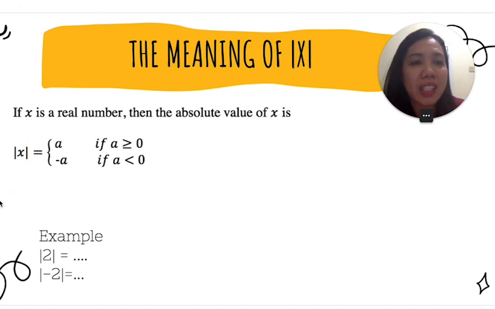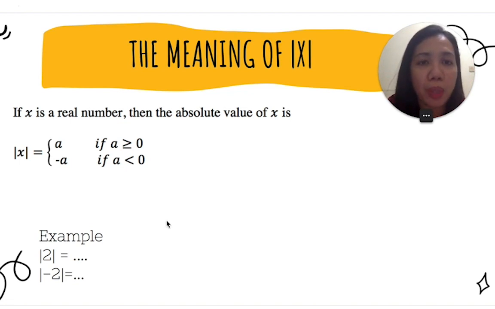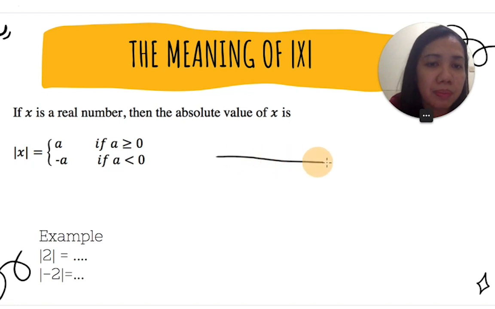Okay, let's see first how the absolute value is in more practical ways. In more practical ways, the absolute value is the distance of any number from zero. So here I'm gonna draw a number line. Supposedly this is a number line and this is zero.